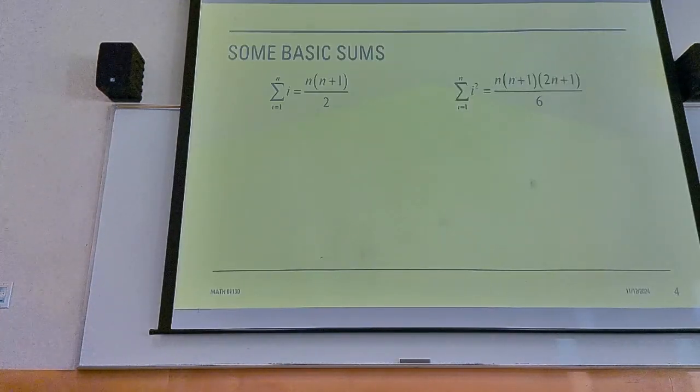The sum of the squares of the first n integers is n times n plus 1 times 2n plus 1 over 6.